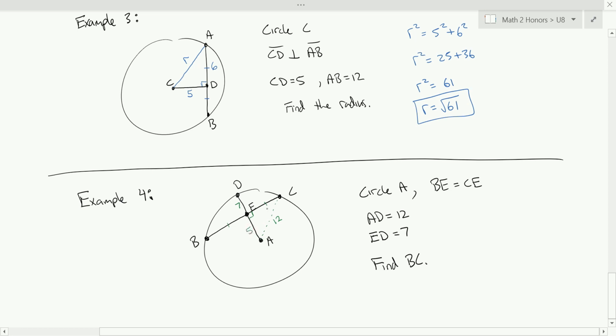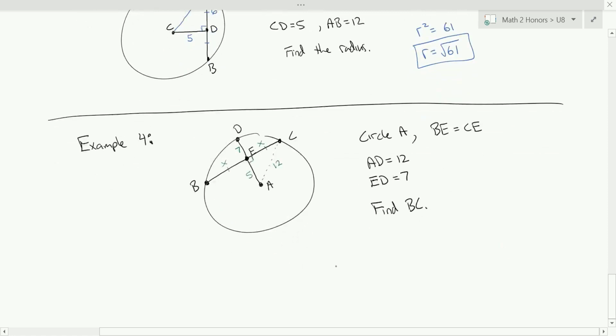And so now I have 2 of the 3 sides. So I'm going to call this side X. And we know this is also X. And I could solve for X and double it for my answer. Is X going to be 13? 5, 12, 13? No. Good. Because X is a shorter side length.